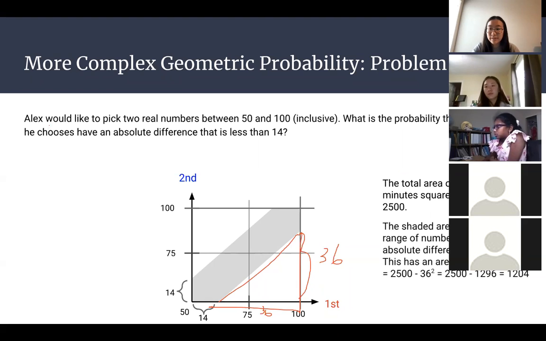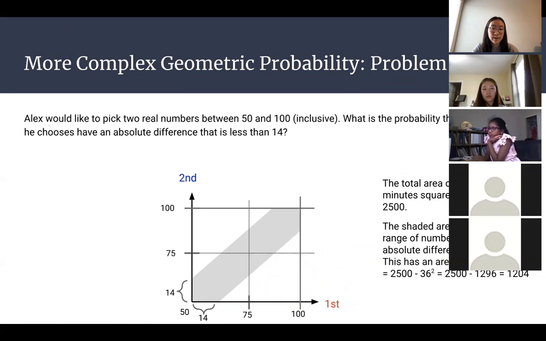Okay, wait, so the shaded area. Yeah, you're right. So 1296, because a triangle is just 36 times 36 divided by 2. But then we multiply by 2 again because there's 2 triangles.